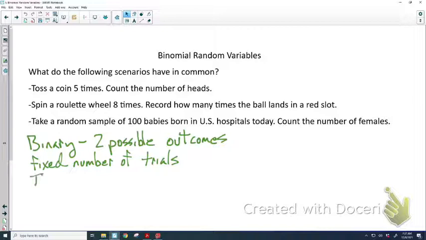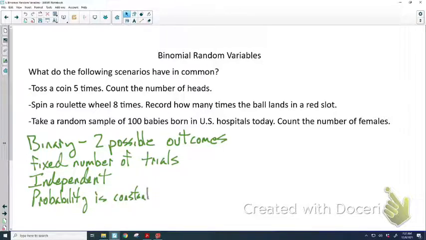Each flip or trial is independent. The results of one trial have no effect on the other trial, which is tied to probability being constant. It doesn't change trial to trial.